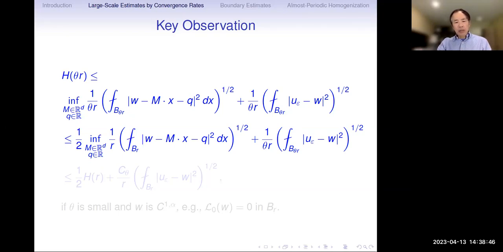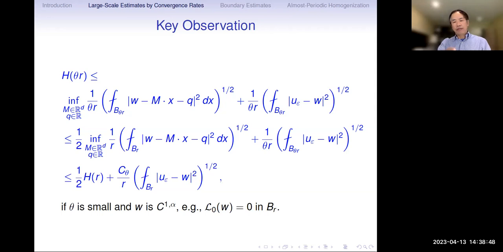And then for the first term, you go back to U epsilon from W. Again, this is just a triangle inequality. So when you do that, you generate another error term, and these two error terms can be combined into one. I'm just changing the constant to some constant depending on theta.